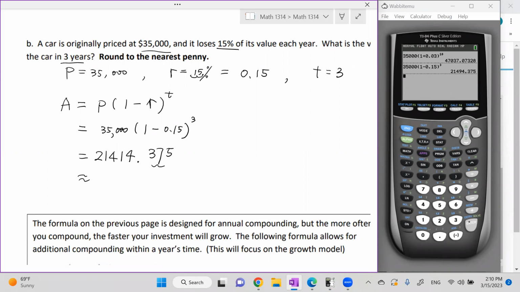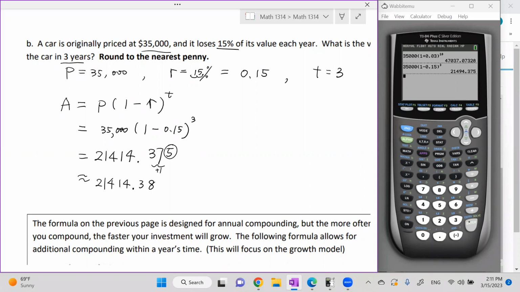I need to keep 2 digits, but the digit after 7 is 5, which is greater than or equal to 5. So the 7 plus 1, we have 21494.38. You see the price of the car decreased because you lose the value each year.